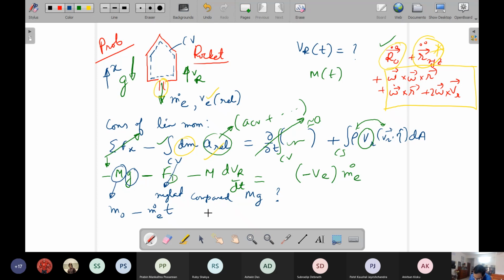So if you do that, the differential equation will be minus (m0 minus m dot e t) into g, minus (m0 minus m dot e t) into dVr dt is minus m dot e VE.